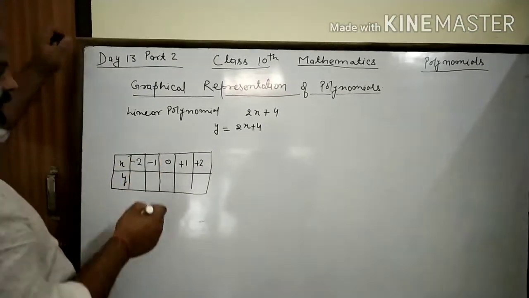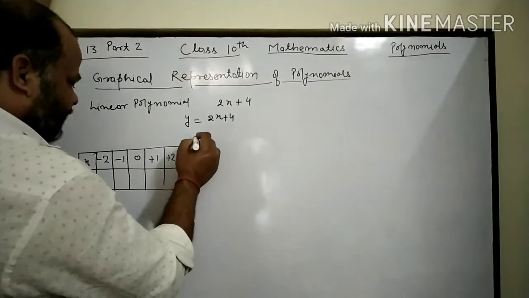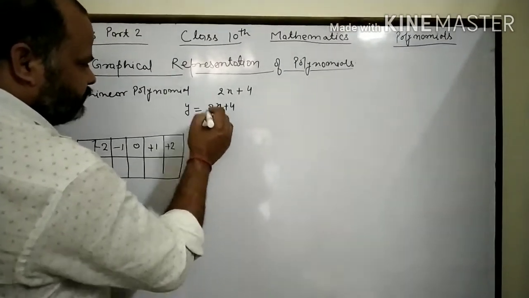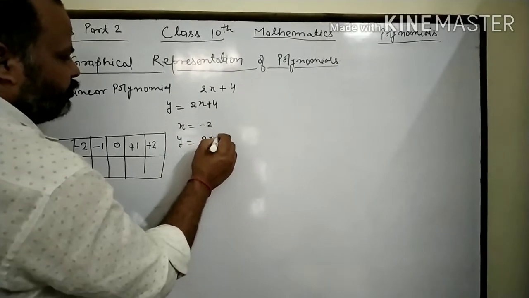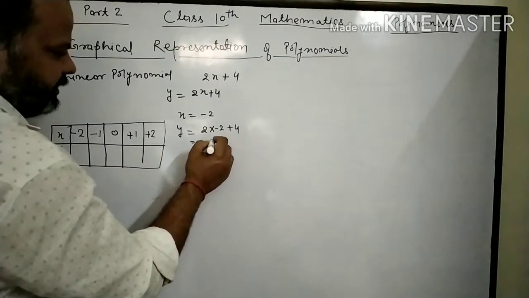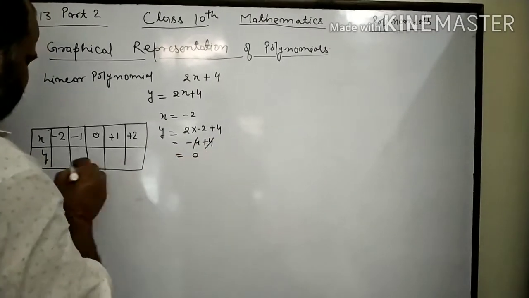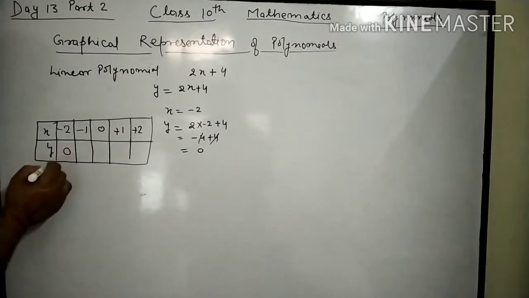We put the values of x in this. First, x is equal to minus 2, then y is equal to 2 into minus 2 plus 4, minus 4 plus 4, both cancel, it will be 0. So if x is equal to minus 2, then y is equal to 0.